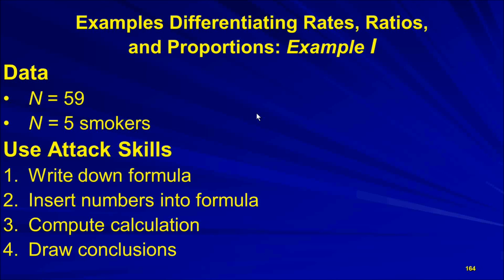So for me, if I was reading the problem, I would write down the formula, I would insert the numbers into the formula, I would compute the calculations, and I would draw conclusions. That way you've got a complete circle, and you need to be able to communicate whatever it is that's necessary to the audience you're trying to reach.